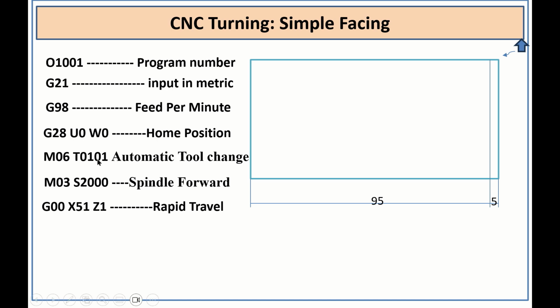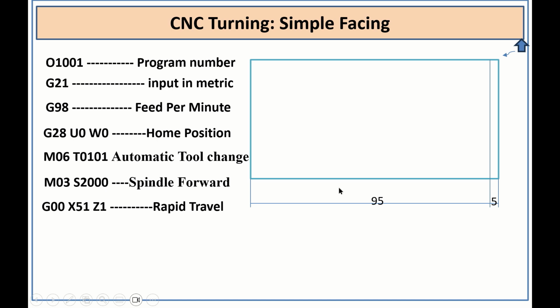Because I am using a first tool for this operation, I am considering T0101, or otherwise here you can also mention which tool you want to use for this operation with full details, then automatically it will take from the home position. And M03 indicates the spindle forward and S2000 is the spindle speed in RPM.